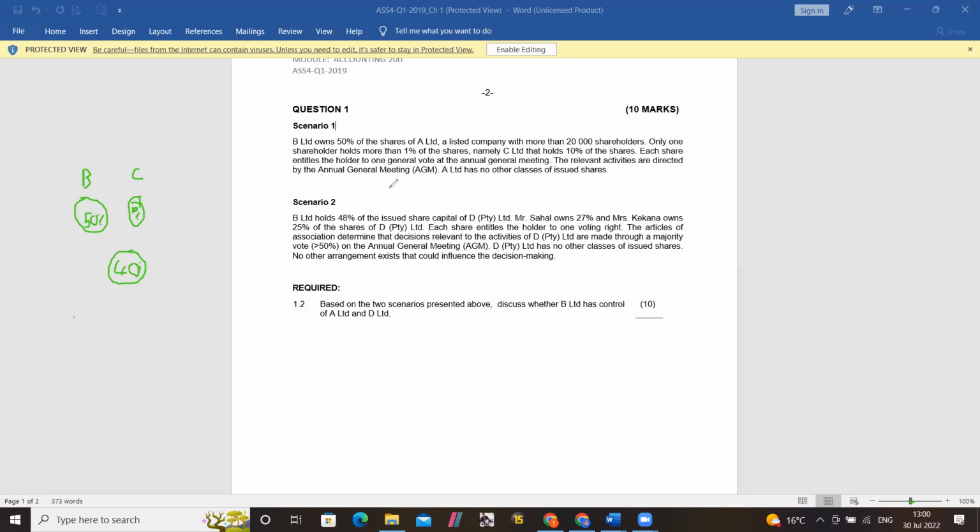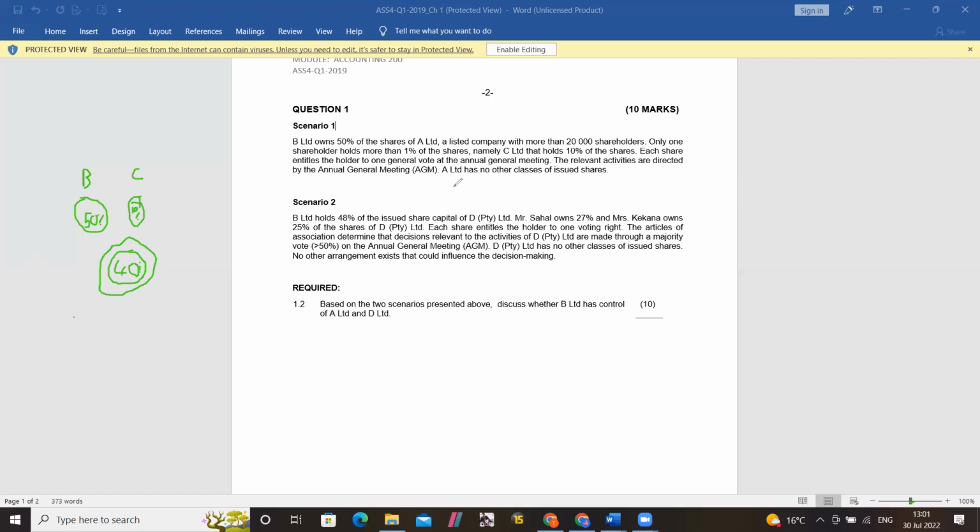They tell us that only one holds more than 1%. So all of these people, this 40%, there's no one who owns even more than 1% of the company. C is the only one that owns 10% other than B. And they didn't tell us anything about a representative that's going to represent them.